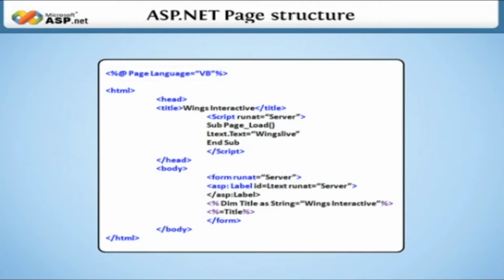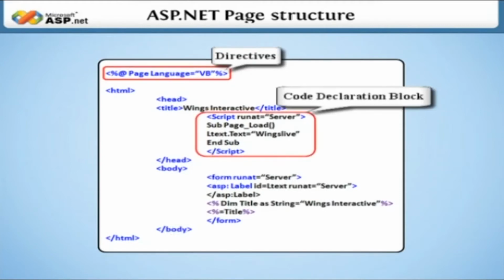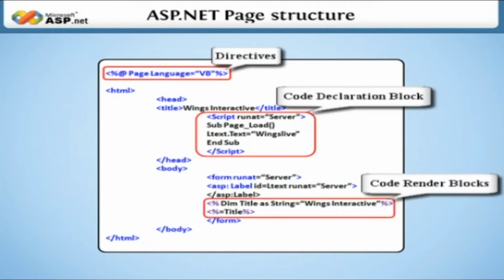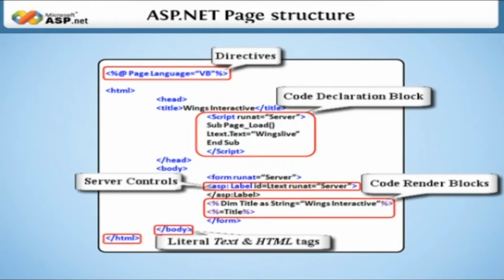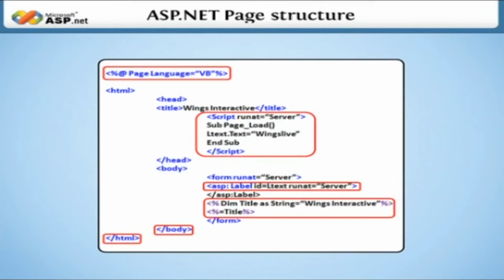It contains various elements like directives, code declaration blocks, code render blocks, ASP.NET server controls, and literal text and HTML tags.